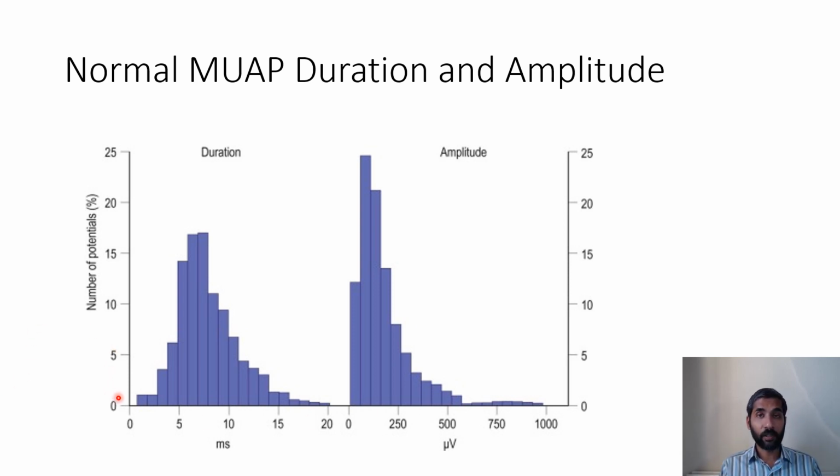So in a normal person, the motor unit action potentials are kind of distributed normally, and the amplitude distribution looks like this. And what a clinician would do is record motor unit action potentials from a variety of places in the muscle and try to see whether some abnormality has happened in the duration and amplitude of the motor unit action potential.